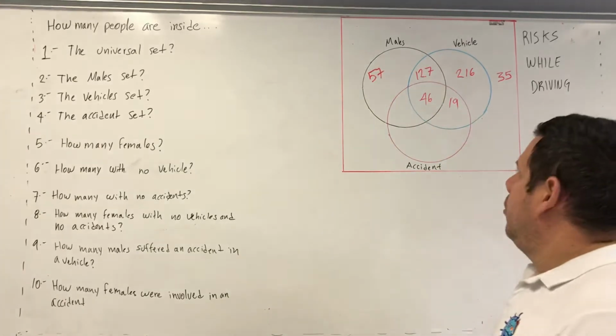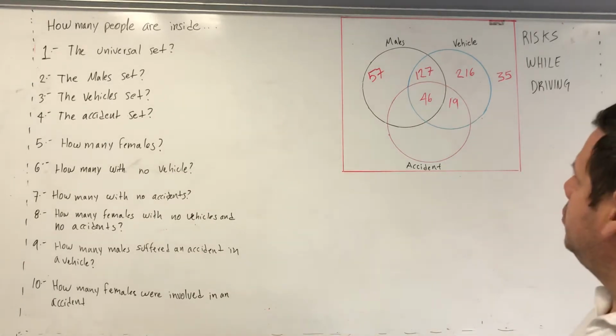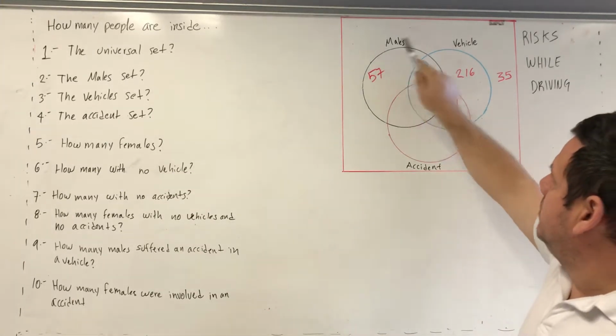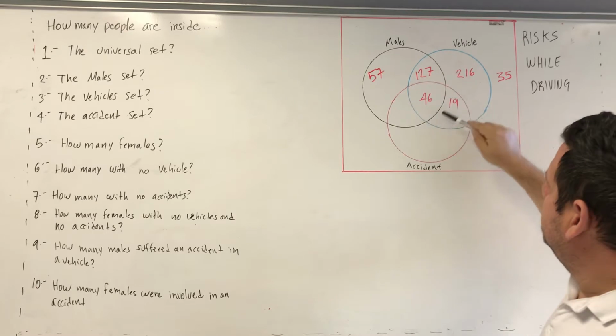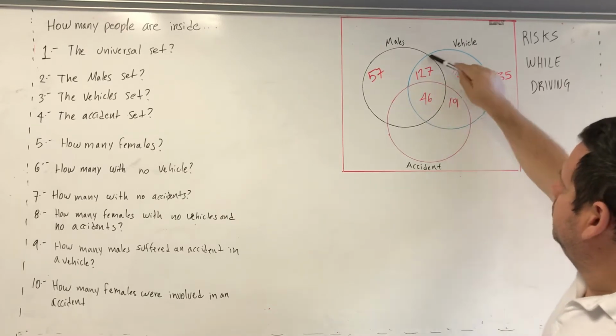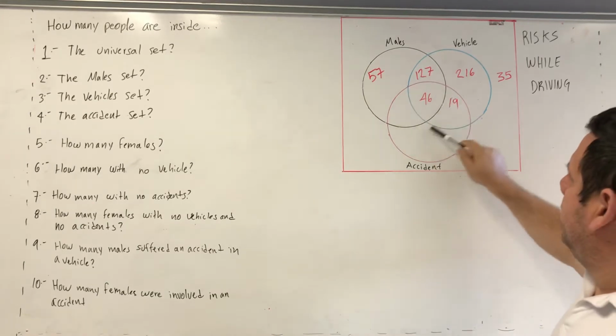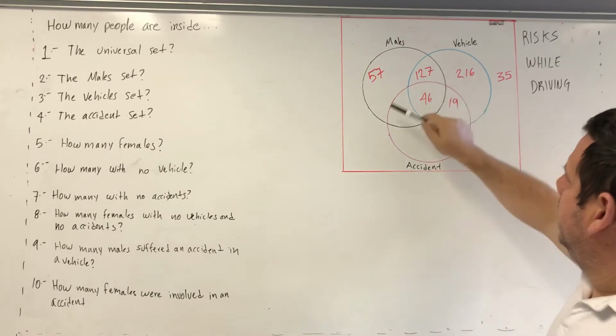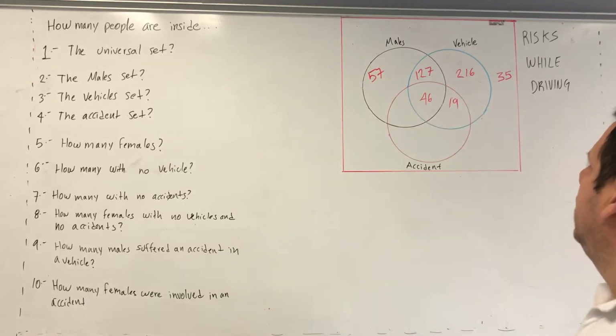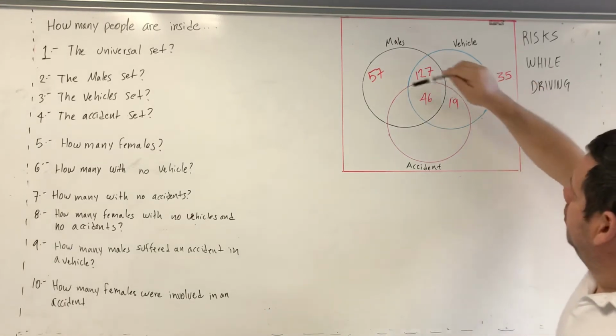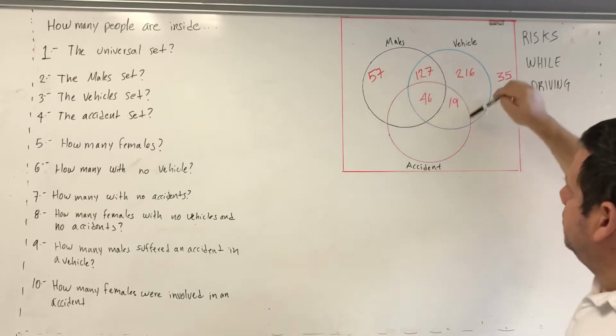We can also have intersections for two sets, like males and vehicle. All this in the middle is the intersection. For males and accident, all this area or region is the intersection. For accident and vehicle, this is the intersection.